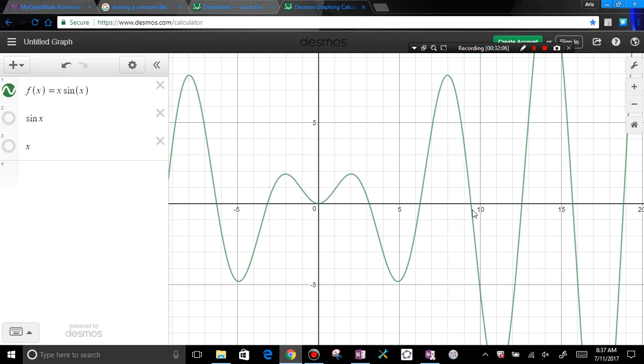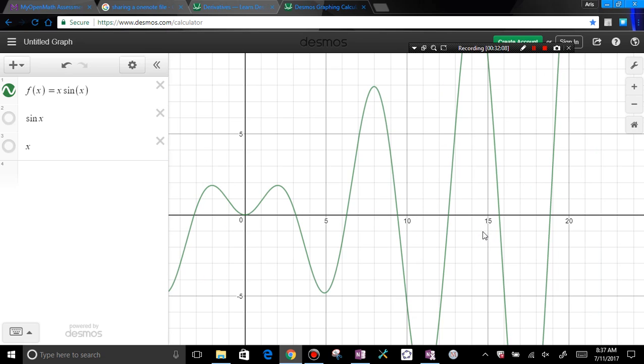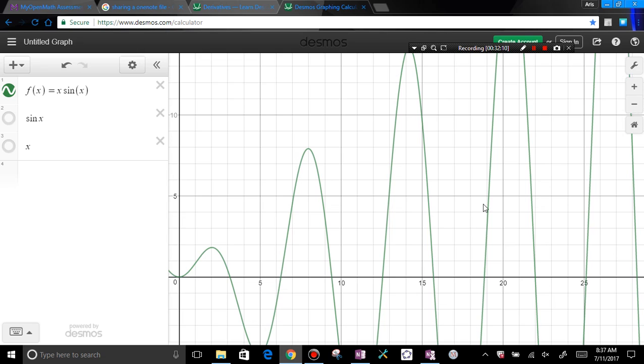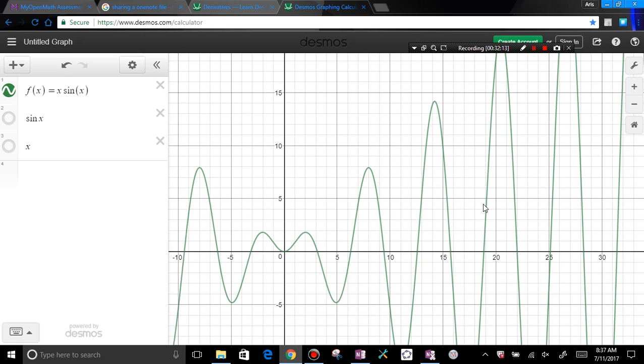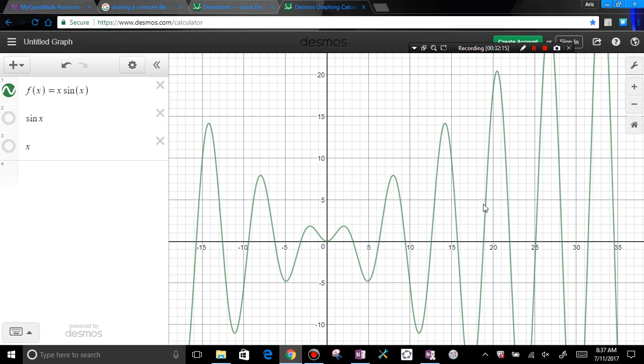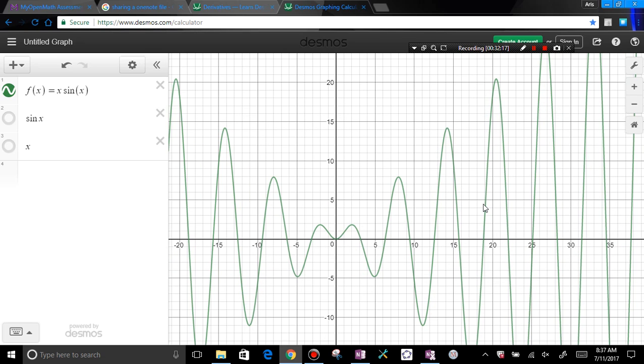And then where are all these oscillations coming from? And why are they getting bigger and bigger? What in the world's going on there? x is getting bigger and bigger, and sine keeps oscillating, positive and negative. x is getting higher and higher, and sine is like, no, we've got to change the sign, I'm going to -1. But x is like, wait, I'm going up.